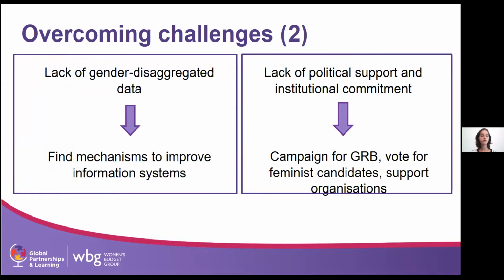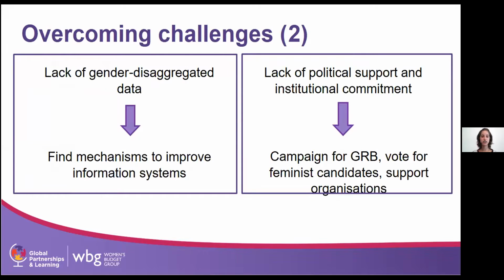Then, as it was mentioned in the Argentinian case, the unavailability of gender disaggregated data is a well-known obstacle that happens all around the world. In this case, it's possible to find mechanisms to improve information systems.